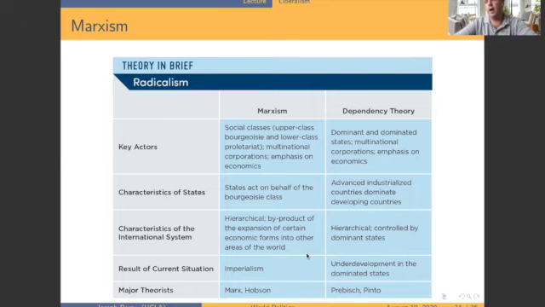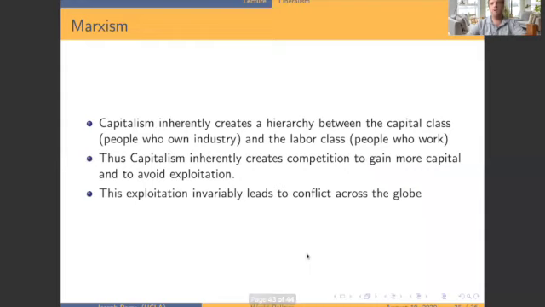Marxism, of course, is influenced by Marx. An oversimplification to be sure, but he developed a theory of the evolution of capitalism based on economic change and class conflict, which are fundamental to all radical thought.